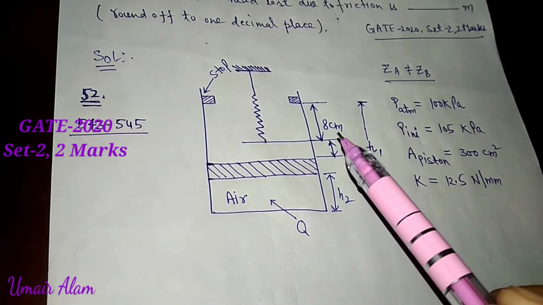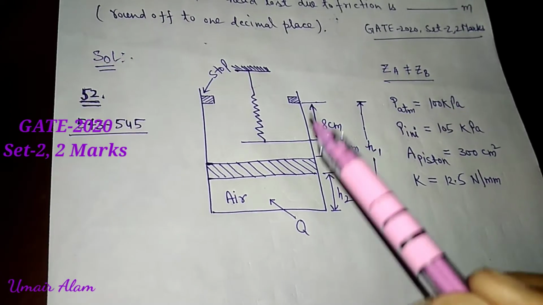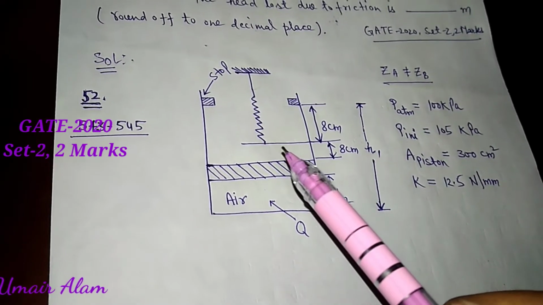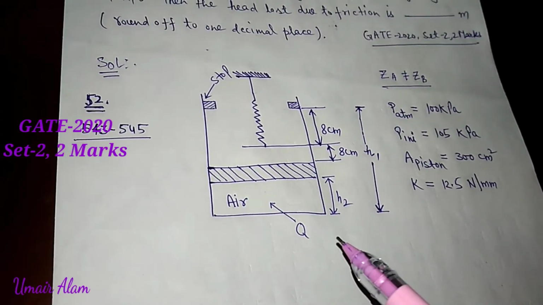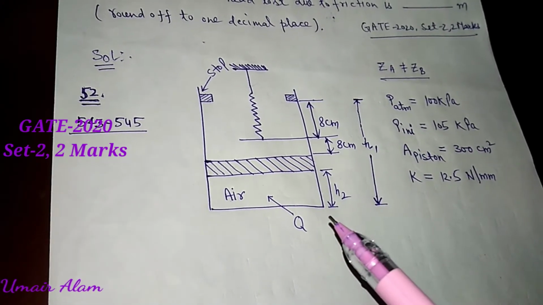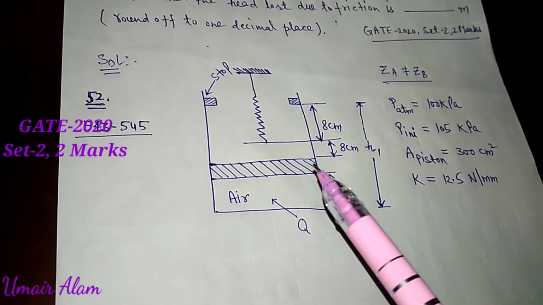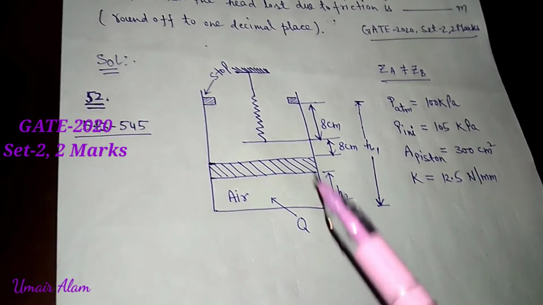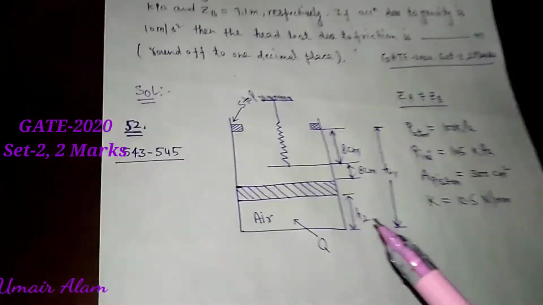This is the distance in which the spring is contracting. So the work due to the piston displacement can be written as PdV.